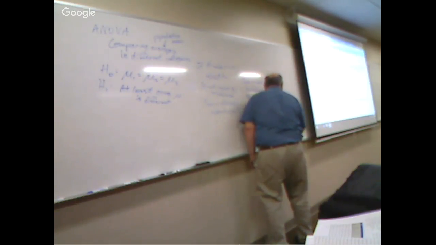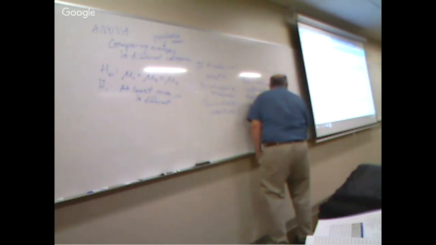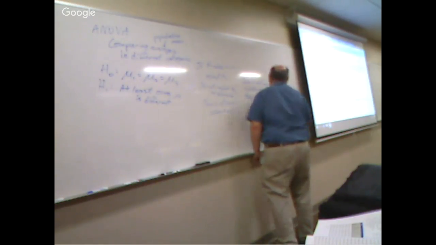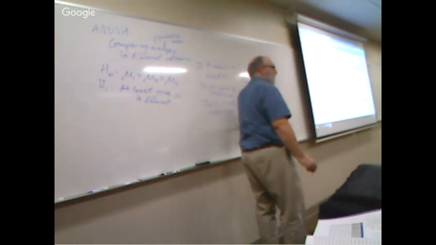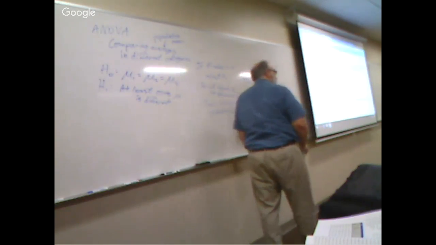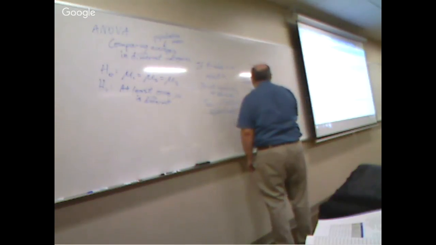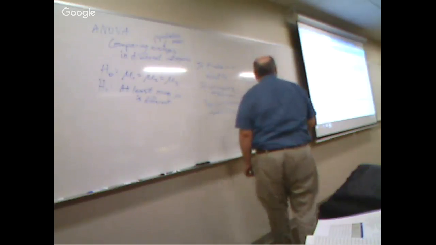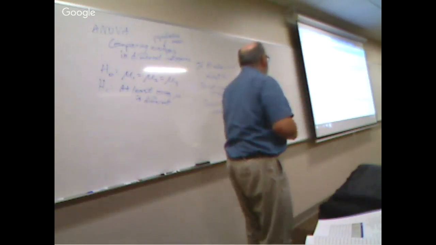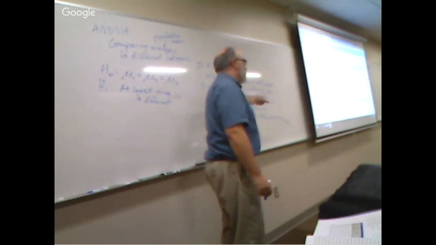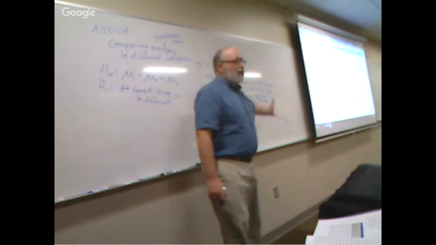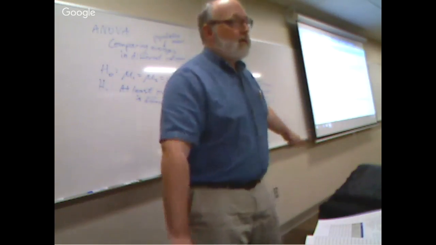Not quite. I don't want this word average. What kind of mean do I want? Population mean. That's right, the population mean, thank you. There's not enough evidence to prove that the population mean IQ is different across marital status. That's what we have gotten to.